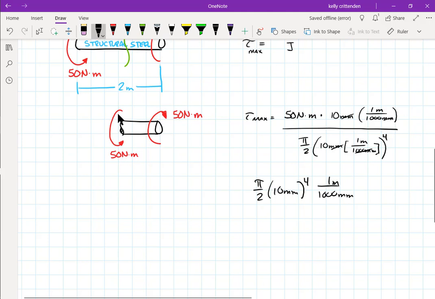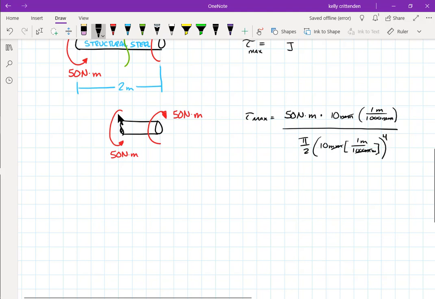This doesn't work because pi doesn't have units, 2 doesn't have units. Here I would generate millimeters to the fourth, and then I'd multiply times 1 meter over 1,000 millimeters, and the units I'd end up with are meter times millimeter cubed. That doesn't make any sense. So be careful to not make that mistake.